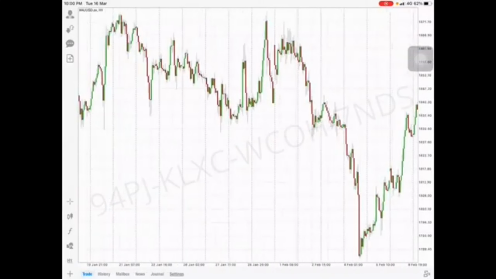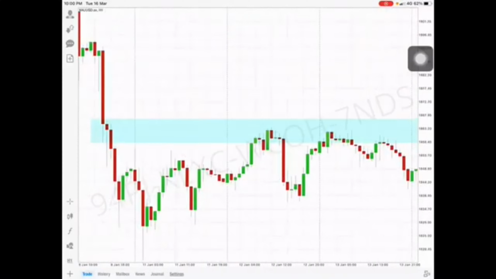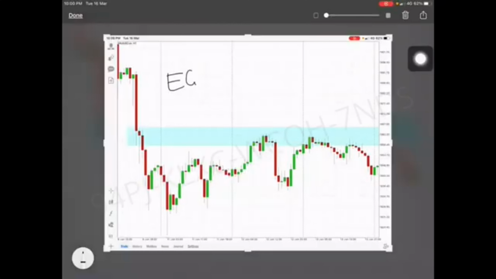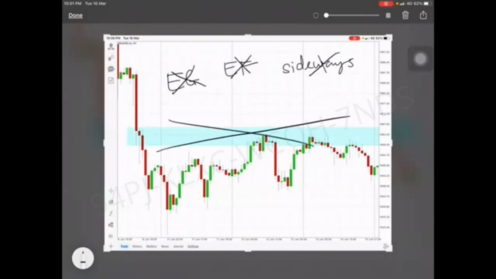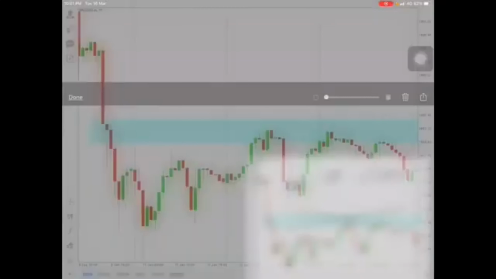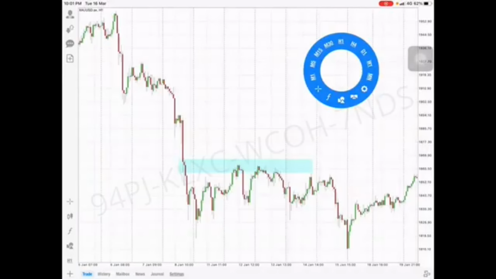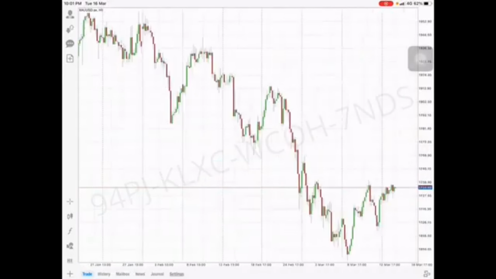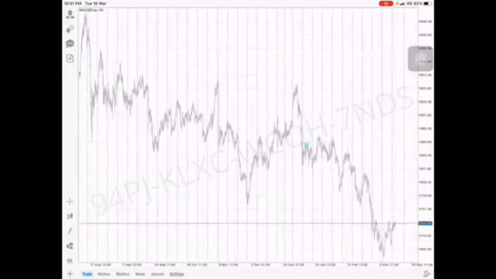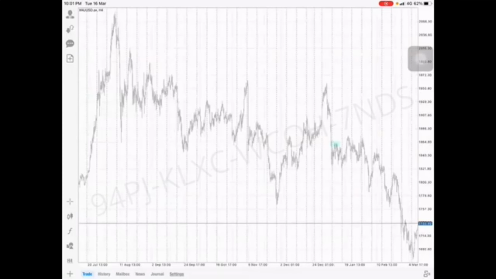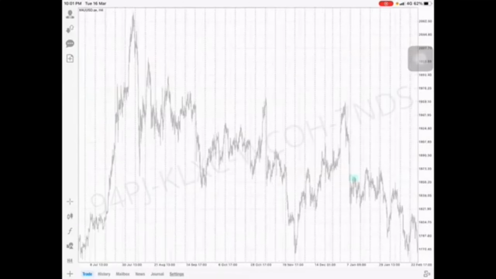Now, do you think that this zone can be used? Is there any EG? No. Is there any EF? Is there any sideways? No. So you cannot enter at this place. You can use this when it gives you another setup, which is when it gives you engulfing sell right there.